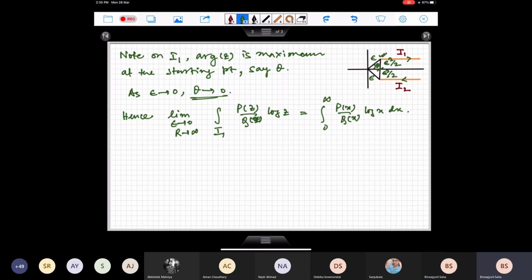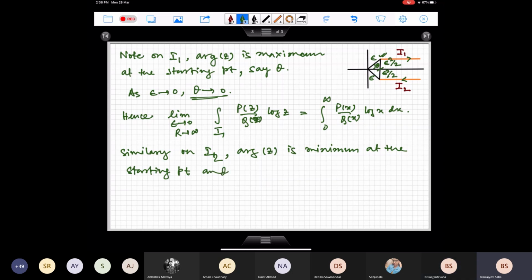So on I2, the argument of z is minimum at the starting point, and as epsilon tends to 0, the argument of z goes to 2 pi. That's the basic difference that we are encountering over here.